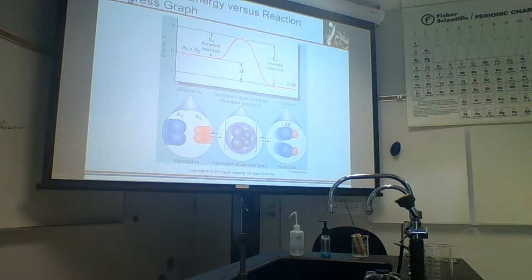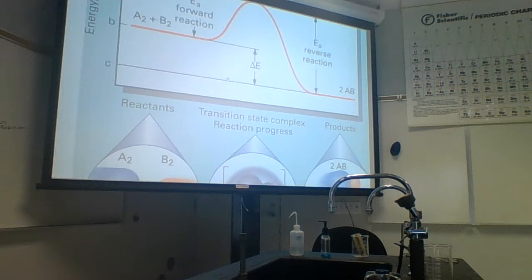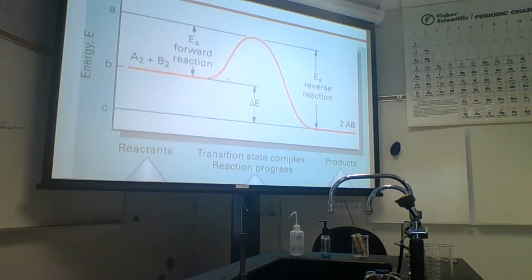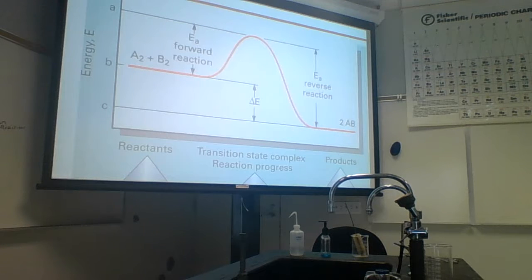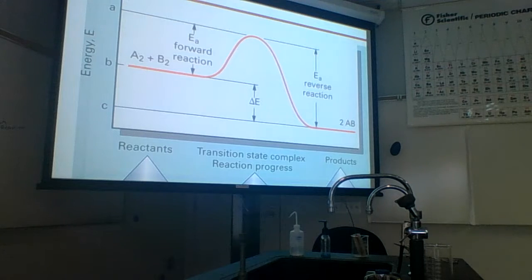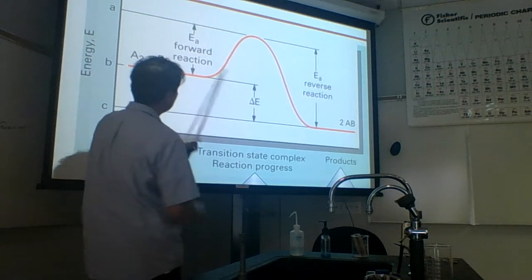Reaction progress graph. What's that? You call it reaction progress? This is a reaction progress figure. Well, they called it the transition state complex reaction progress. Maybe, I don't know. They didn't name this, that's a problem. This is called a reaction profile or reaction progress.